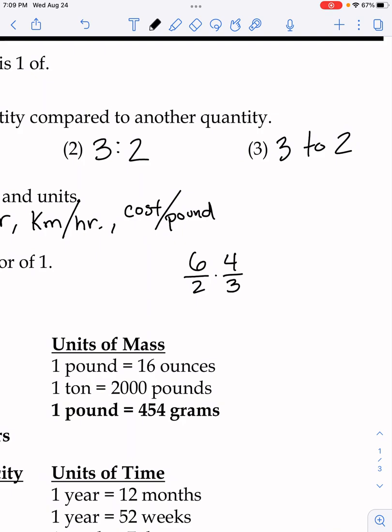Okay. A way that we can simplify this is you can multiply across, right? 6 times 4 is 24, and 2 times 3 is 6. We can simplify this to be 4.